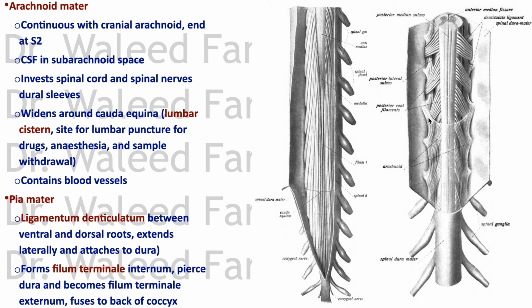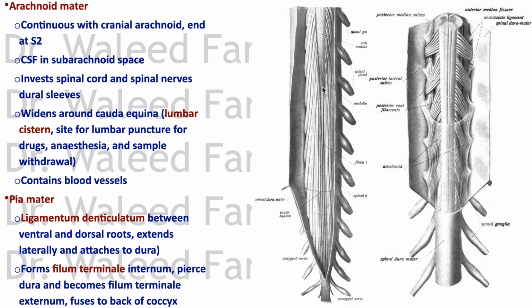But in real life, this dentate structure is the ligamentum denticulatum between these spinal nerves, as you can see here, because it fixes the spinal cord in the central position by attaching it laterally to the dura mater. The spinal cord itself is attached superiorly to the medulla and inferiorly to the back of the coccyx by the filum terminale, which is the other structure formed by the pia mater.